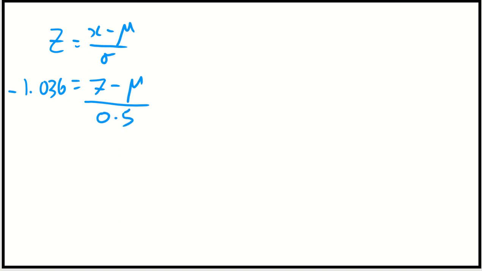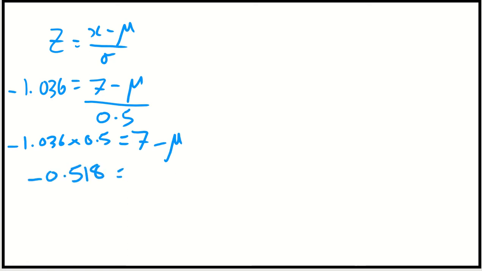So I want to rearrange this formula. Let's get rid of the division, and the opposite of dividing by a half is multiplying. So negative 1.036 times 0.5 is equal to 7 minus the mean. Simplify that, and that gives me negative 0.518 is equal to 7 minus the mean.